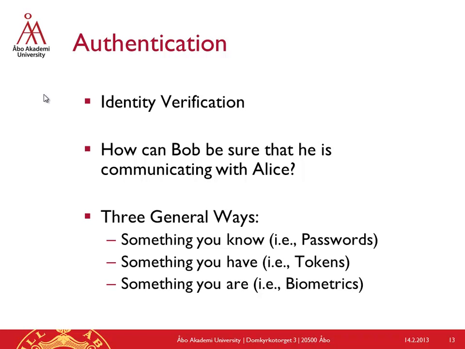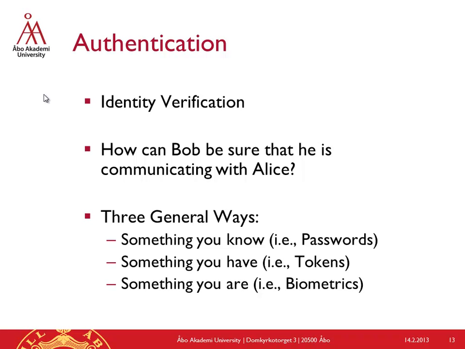And what is authentication? It's verification of the identity of a particular person, or a computer, or a system, or something else. So authentication gives you an answer to how you can be sure that you're communicating with a real person. And you have three options to answer this question. You can use something you know. For example, you can ask me for a special password.